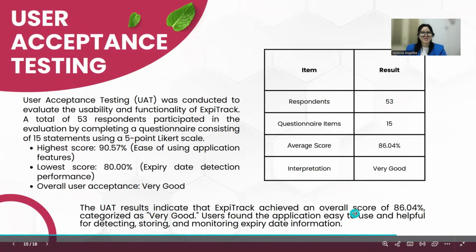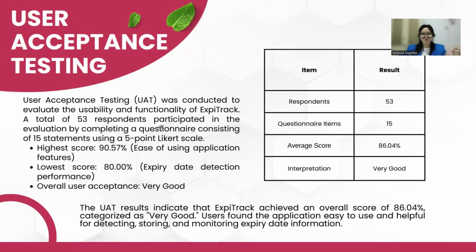To evaluate the usability of the XPtrack application, user acceptance testing, or UAT, was conducted with 53 respondents using a questionnaire consisting of 15 statements based on a 5-point Likert scale.